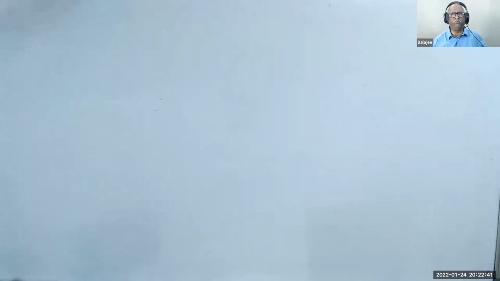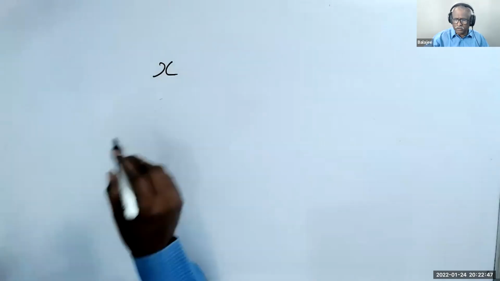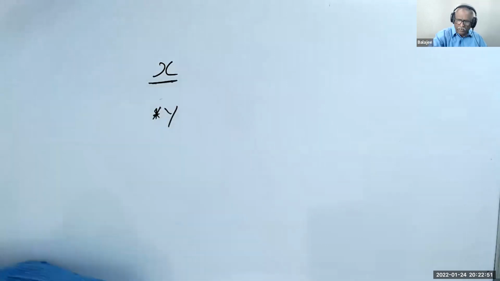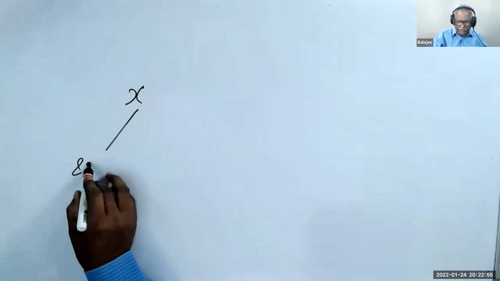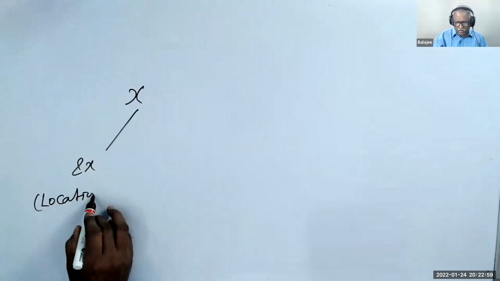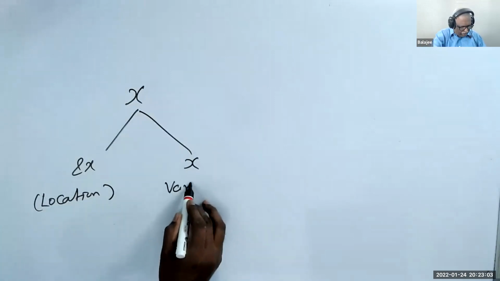When I declare something, there are two ways possible. One is I declare a variable either x or star y. If we declare x, then &x is a location and x is a variable or content.